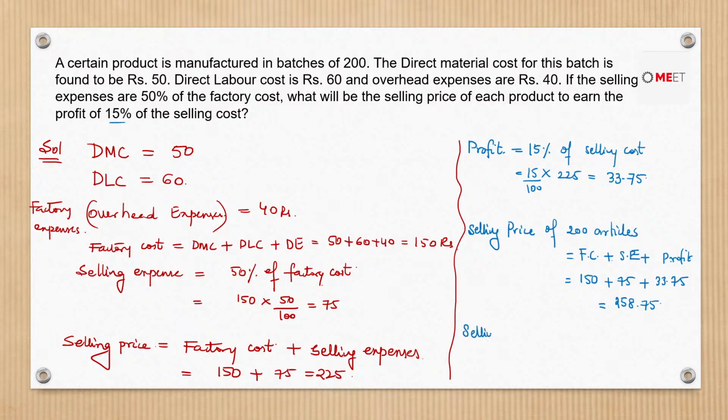Selling price of one article is equal to 258.75 divided by 200 articles produced, and that is equal to 1.30 rupees.